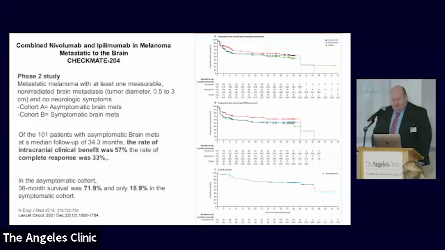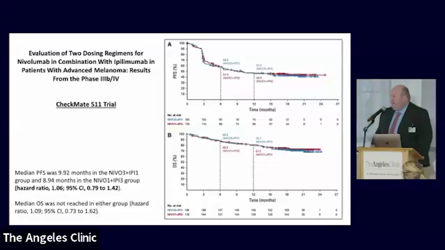So CheckMate 511 tested a flipped dose of ipilimumab and nivolumab, using 1 milligram per kilogram of ipilimumab and 3 milligrams per kilogram of nivolumab instead of the inverse. As seen on the right, the median progression-free survival and overall survival were not significantly different at this first initial presentation, with median PFS around 9 months and median overall survival not reached for either group.